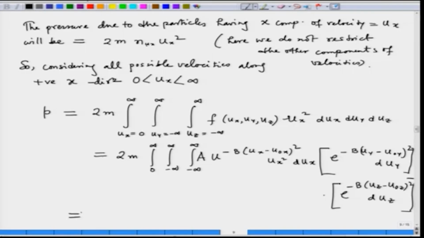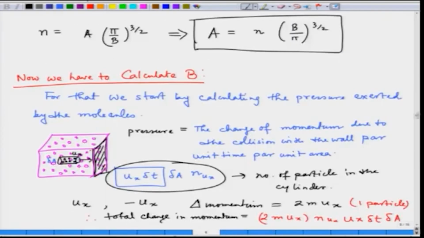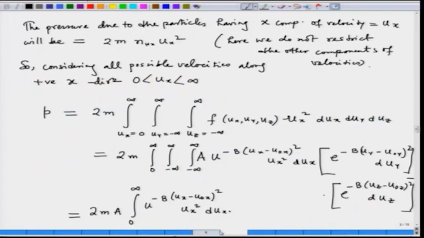Now, finally, this is exactly equal to 2 m a times the integration from 0 to infinity of e to the minus b ux minus u0x whole square, ux square dux, times two integrations.